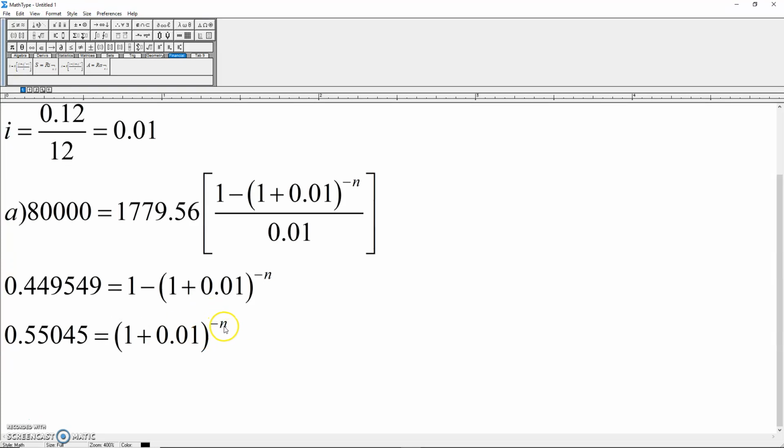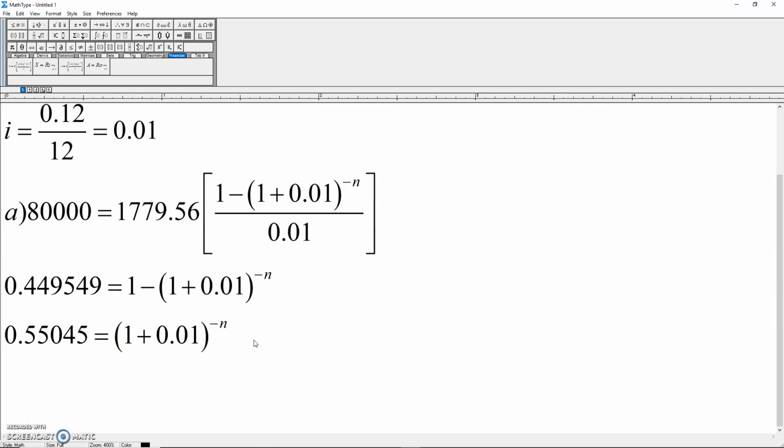Now the next step is to find the n. We need to move the n down to the left side. When we move the power down, we need to add a log function.